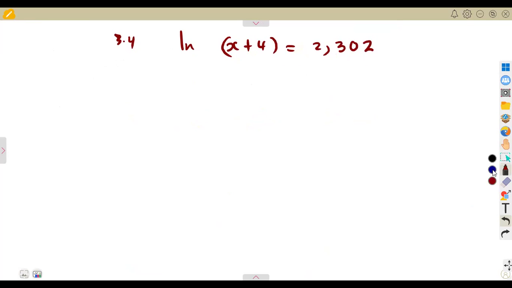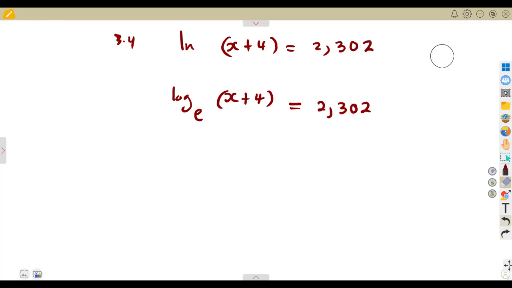We know that, I talked about this before, whenever a ln is, it means a logarithm in the base of e. So if you are given a ln of something, it's log of that in the base of e. So this simply means it is the logarithm of x plus 4 in the base of e. That makes it a ln. So this is equal to 2,302. This is what you're given on the right-hand side.